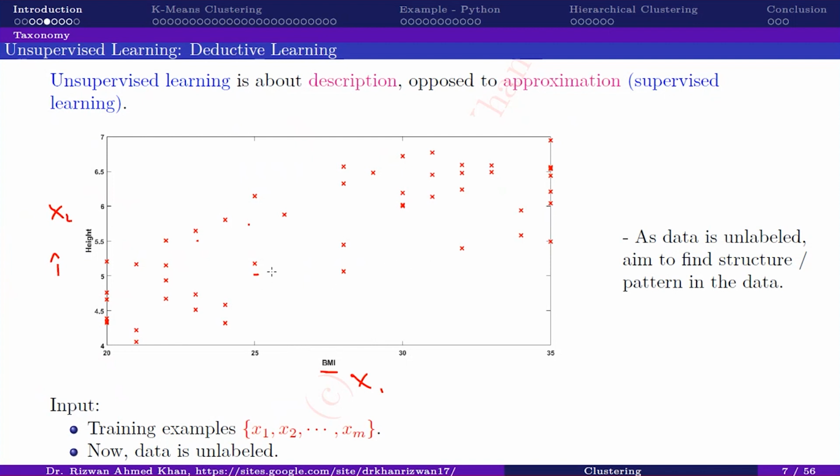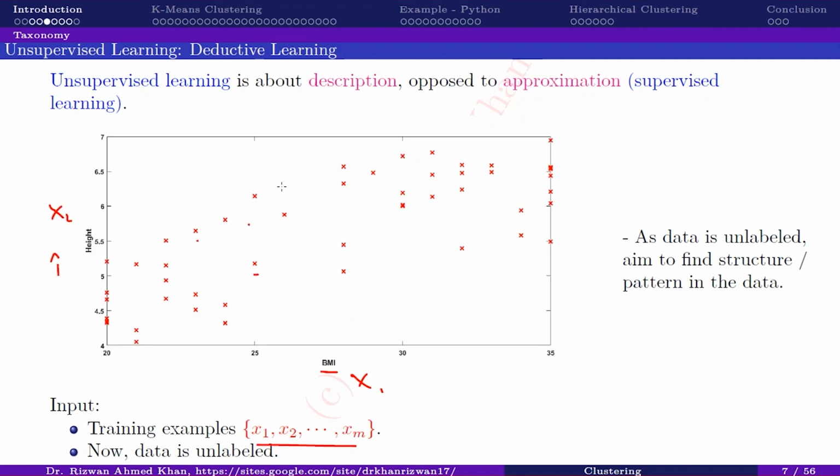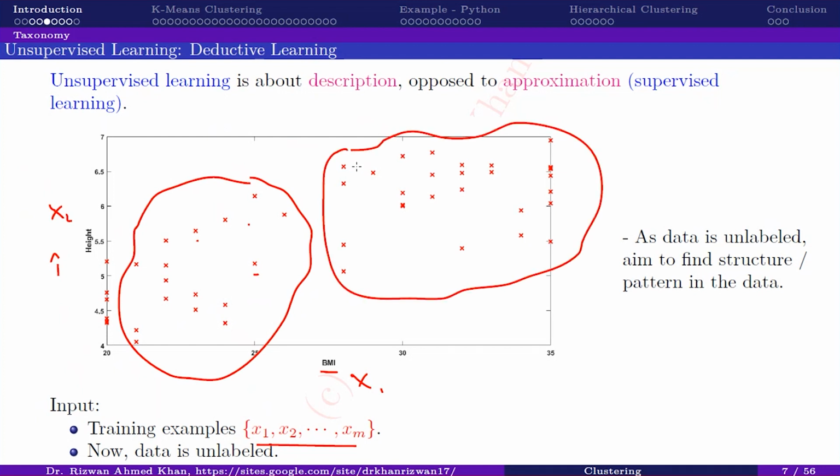If this is given to a data scientist or machine learning engineer, then they can apply unsupervised machine learning to find patterns in the data. So training examples only have data without correct labels. So data is unlabeled, right? And this is probably the output of a clustering algorithm. If you see with the naked eye, we can see that there are probably two distinct clusters in the data set.